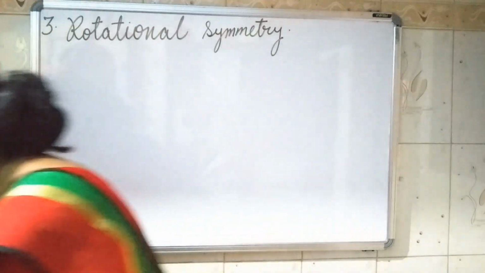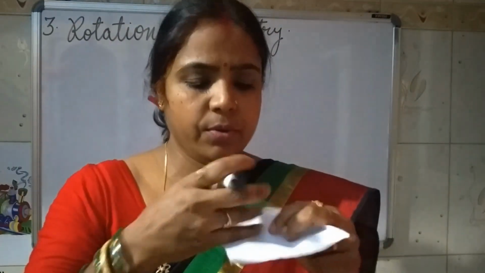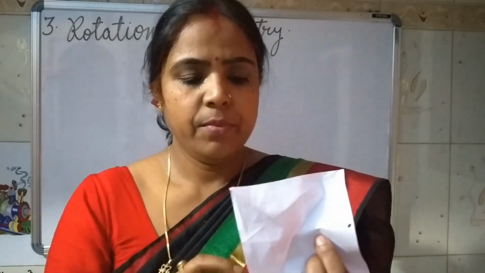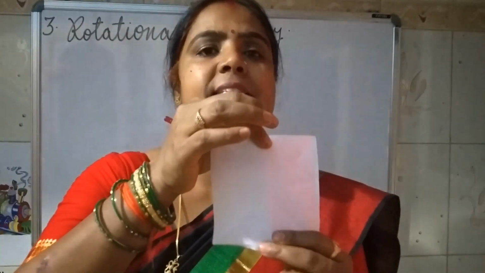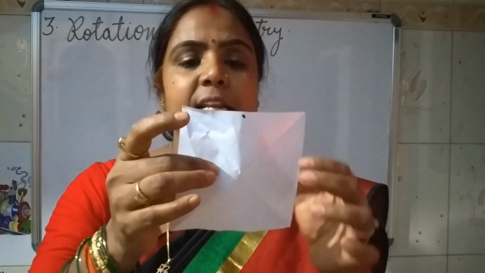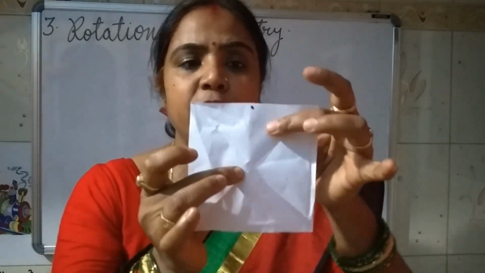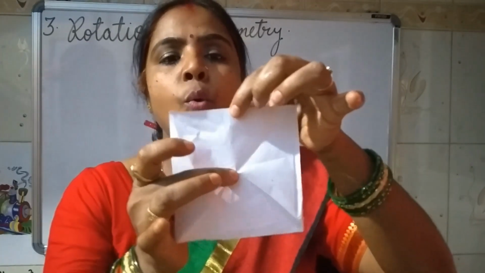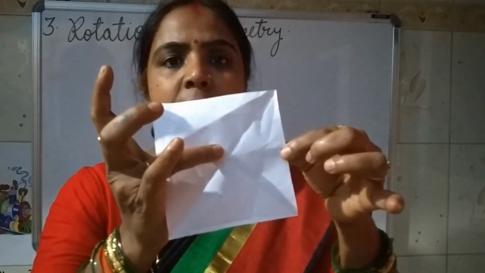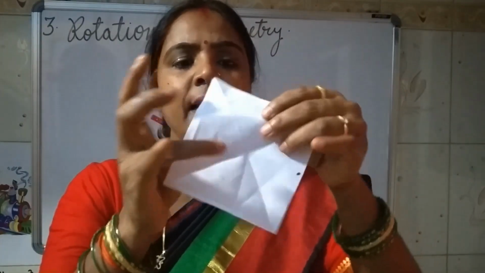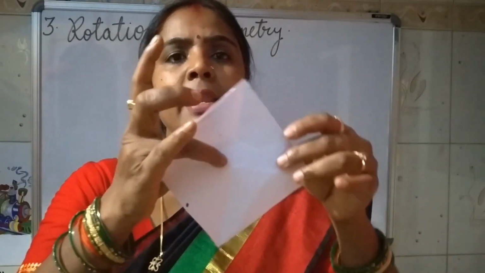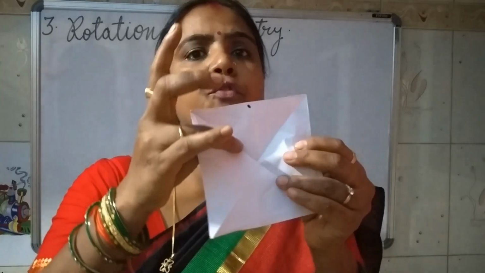I am holding it from here, and from here I have started rotating. I will put a mark here so that we understand that when it reaches this point, it is coming back to the original position. This is the original position. It started rotating. First I rotated like this, 1, again it is in the same shape, then 2, then 3, then 4.